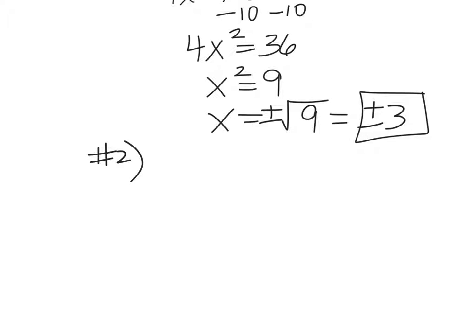All right, number 2. Maybe it's not going to be a perfect square, so let's look at this one: 7x squared minus 35 equals 0. We're going to solve for x squared. We're missing an x term, so let's solve for x squared by adding 35 to the other side.